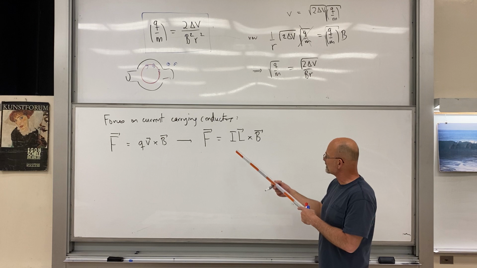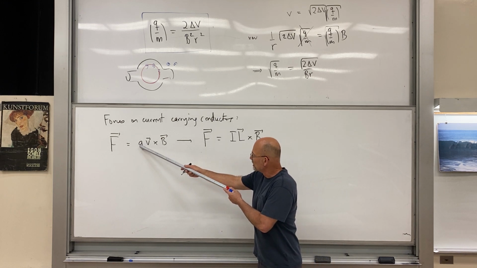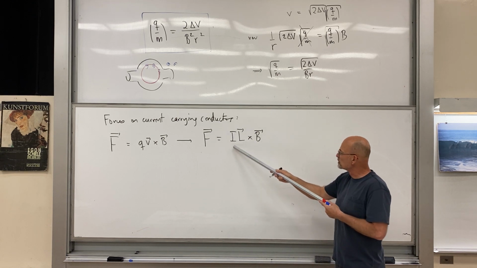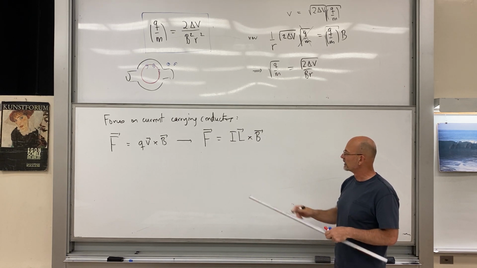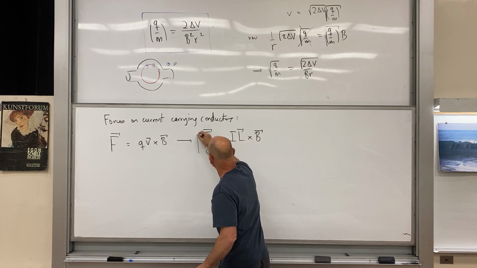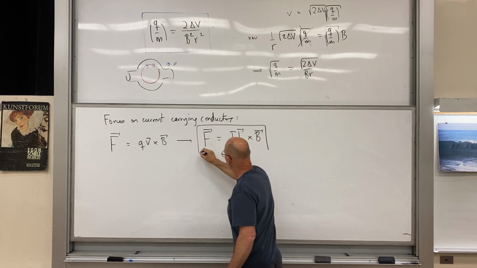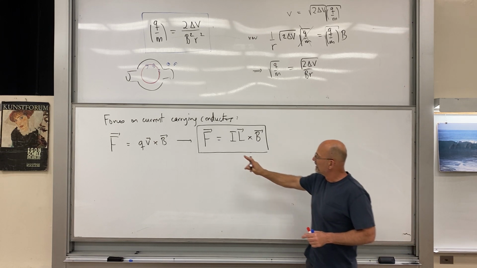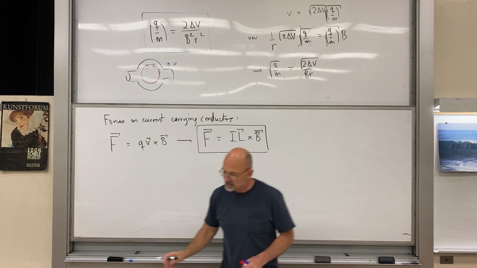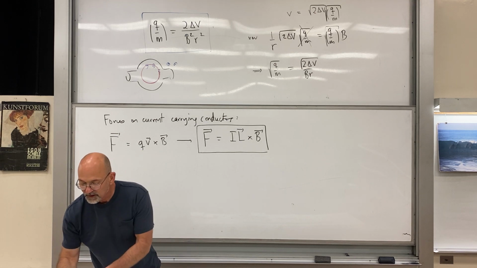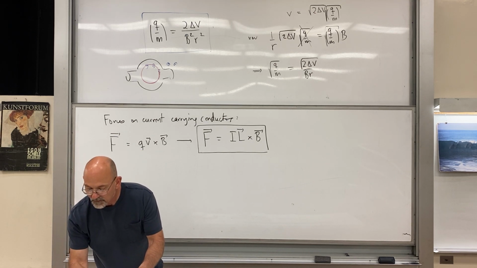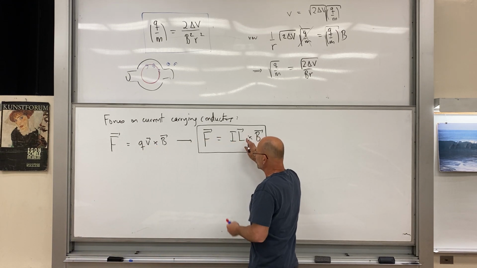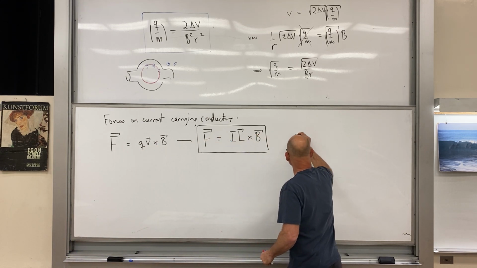And right, the dimensions are trivially the same. Charge, length over time, and then we have charge over time times length. Okay, so this works. Now, this is for a straight length of wire.